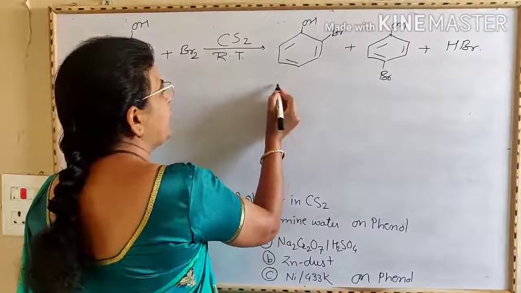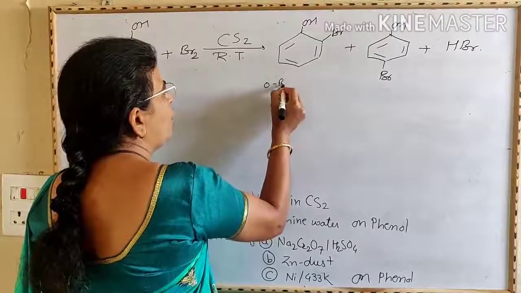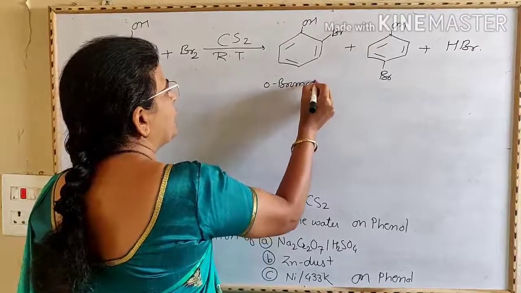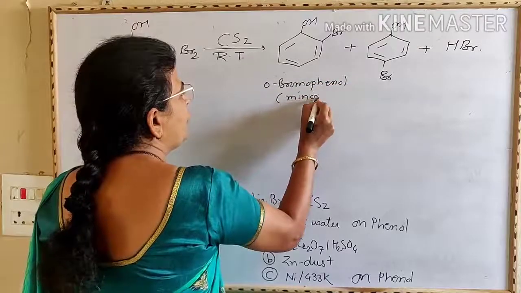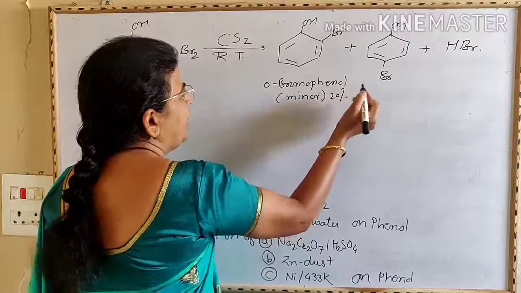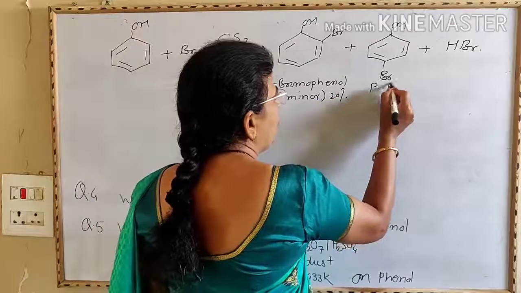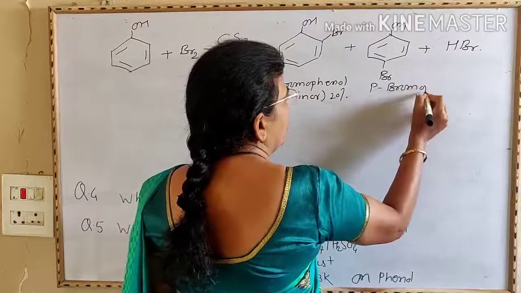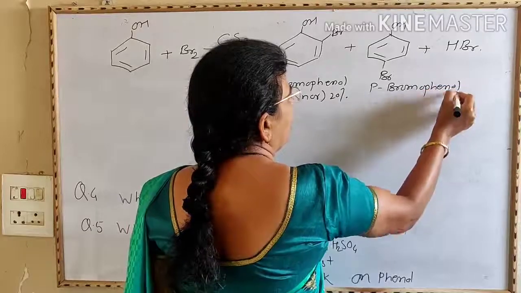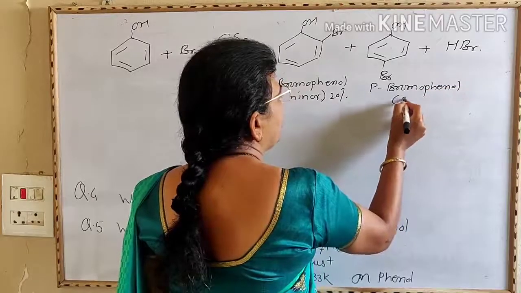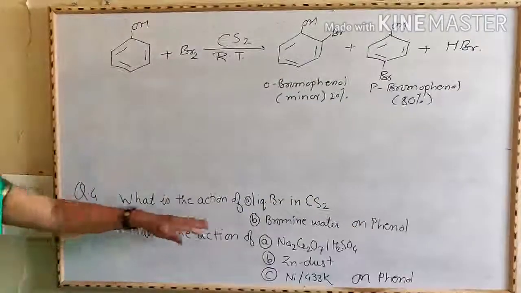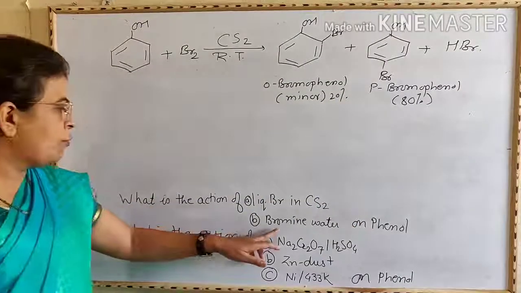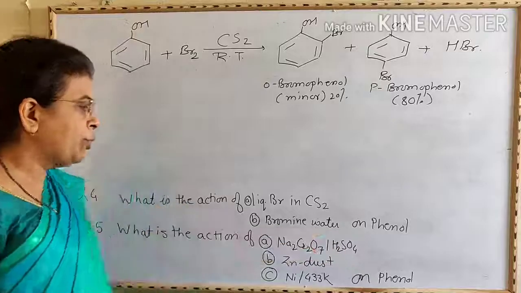Due to steric hindrance, orthobromophenol is obtained as a minor product, that is only 20%, and parabromophenol is the major product, that is 80%. Now second, what is the action of bromine water on phenol?